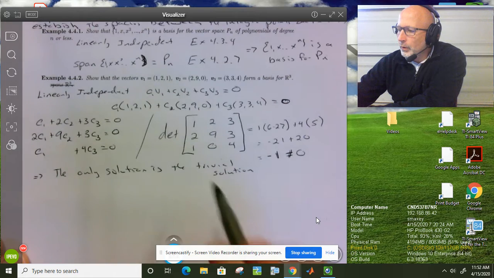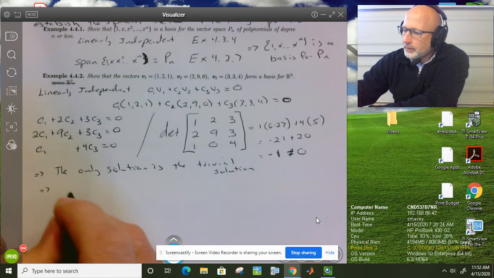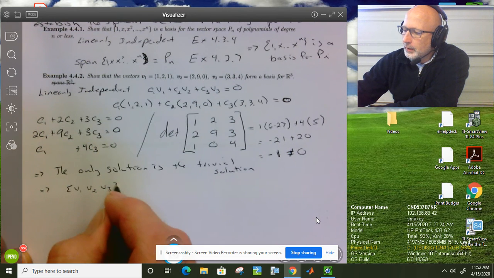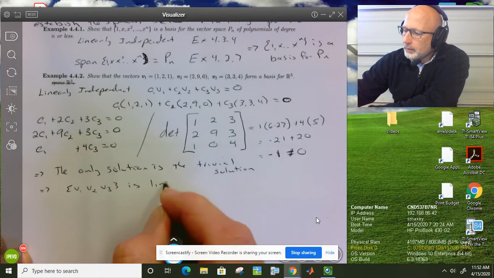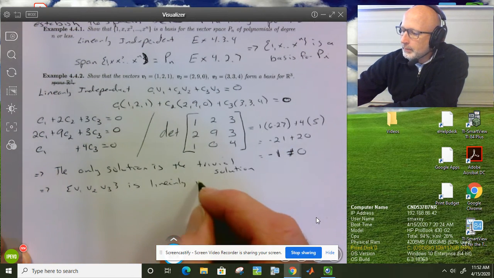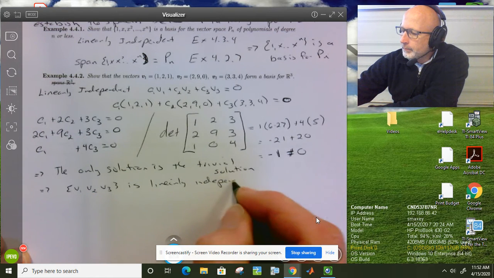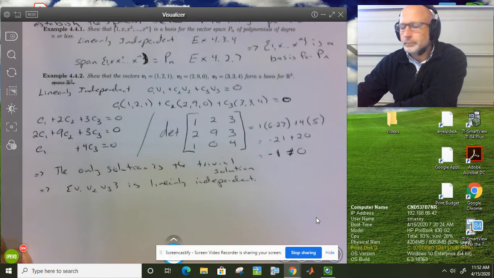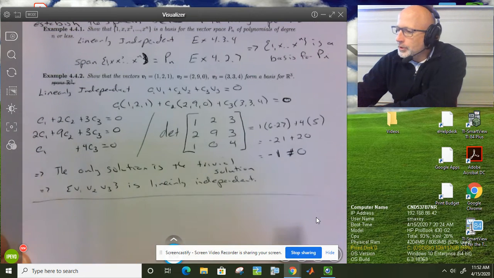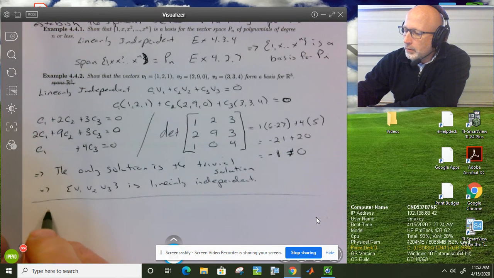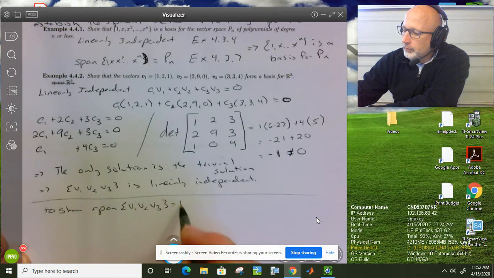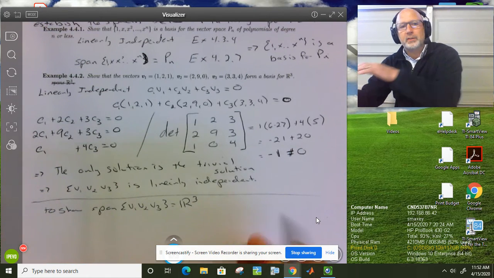Now because it only has a trivial solution, that means that the set V1, V2, V3 is linearly independent. Then I have to show that it spans R3. So I want to show the span of V1, V2, V3 is equal to R3, 3-space.